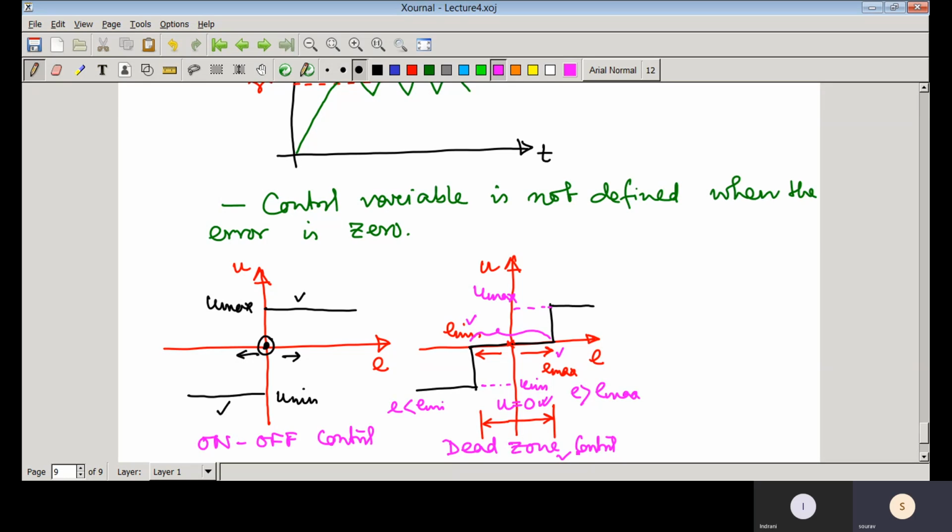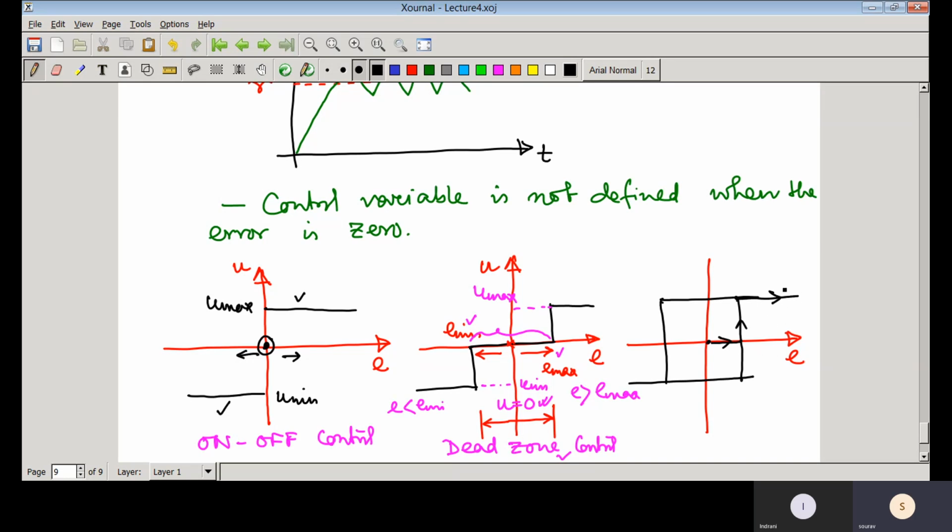Sometimes we also use another type of control strategy called hysteresis control. In that case, we keep some overlap, like that. Suppose you start from here, and error is increasing positive, so it is 0, and whenever error reaches E max, it suddenly jumps to this value, and as error keeps increasing, it goes like this.